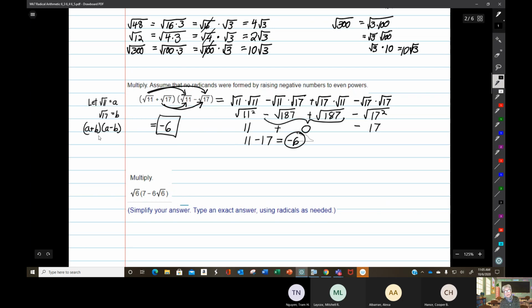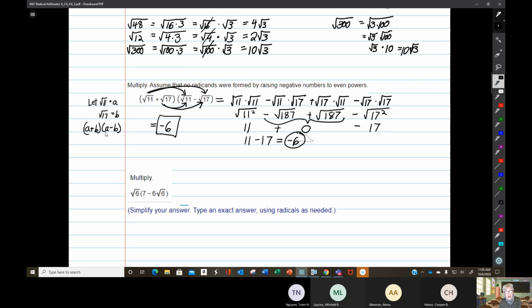These are conjugates. When you multiply conjugates together, the middle terms fall out. But the catch is the first terms have to be exactly alike. The second terms have to be exactly alike, and the signs have to be opposite. The signs in the middle.